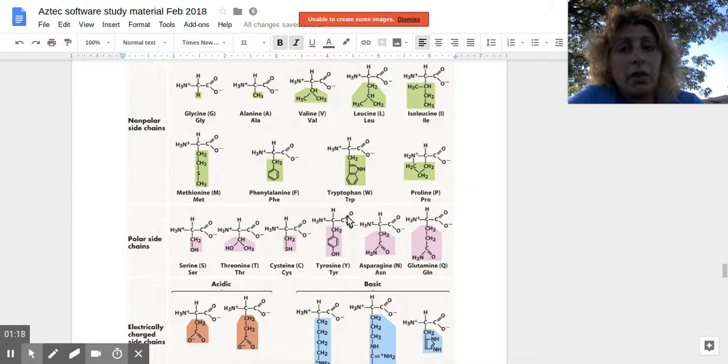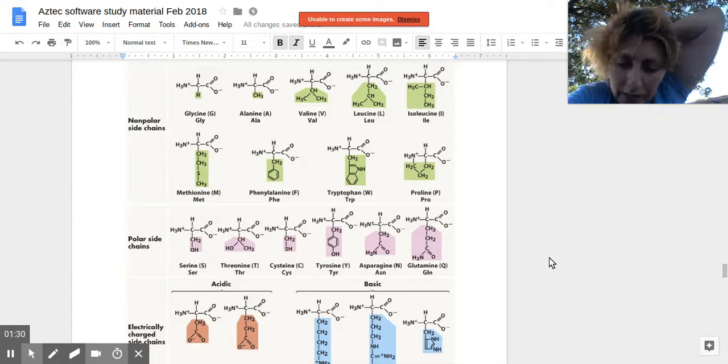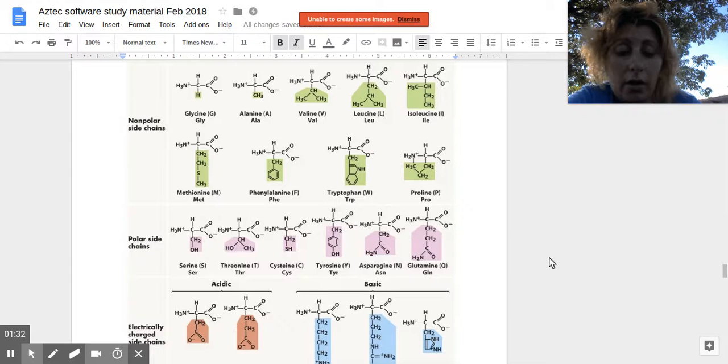Earlier, we learned about amino acids and how they make up chains of polypeptides, aka protein molecules, which are translated off of mRNA molecules, which come off DNA genes.